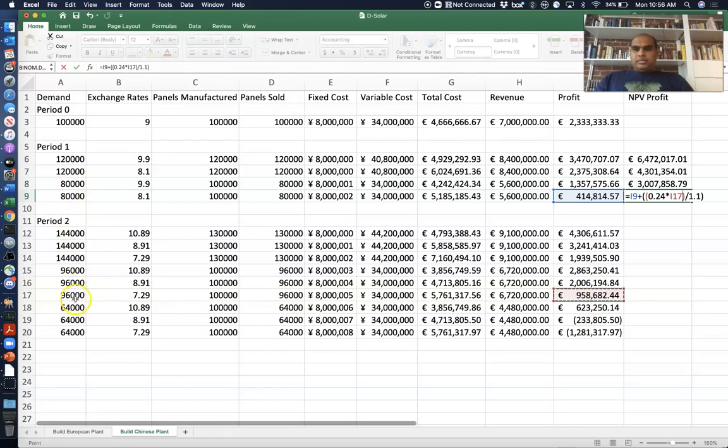Demand goes up and exchange rate also goes up. Yeah, that's this. No, that's this. Yep, plus 0.56 times the scenario, plus 0.06 times this scenario, plus 0.14 times this scenario.